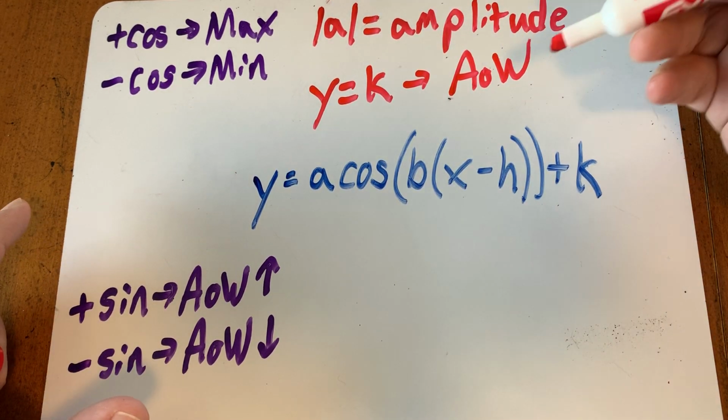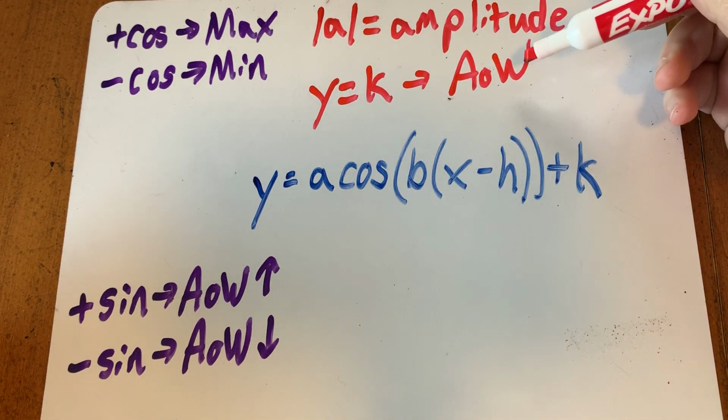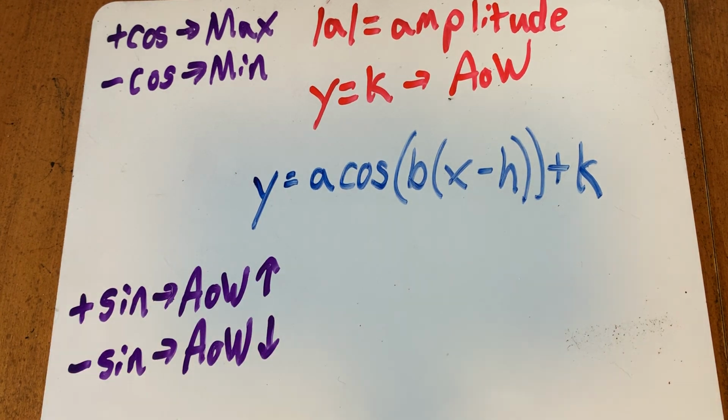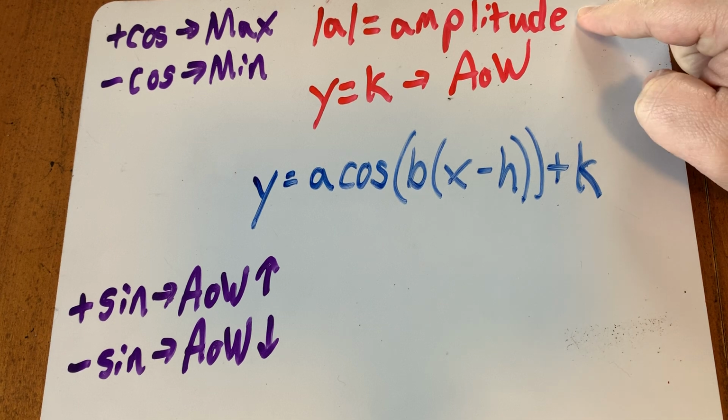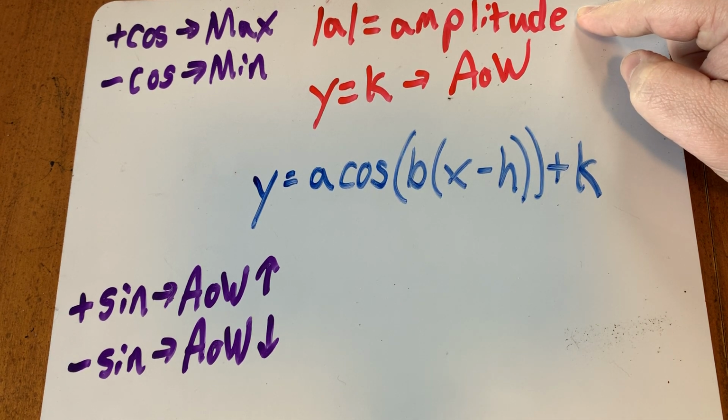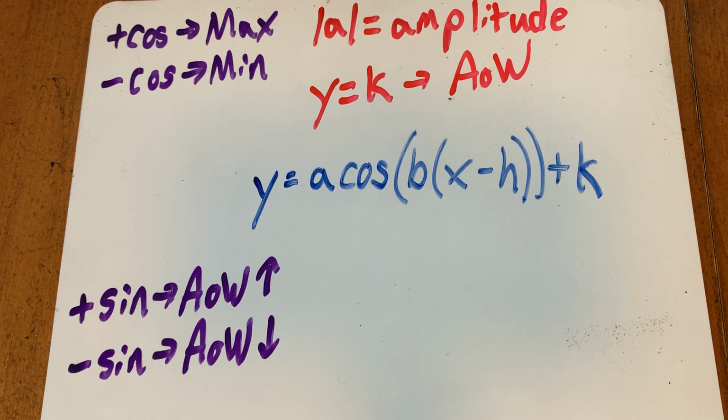So the amplitude is the absolute value of A, and y equals K is the axis of the wave. This tells us what the middle of our curve is, and the amplitude tells us how high above that middle we have the maximums and how low below that middle we have the minimums.